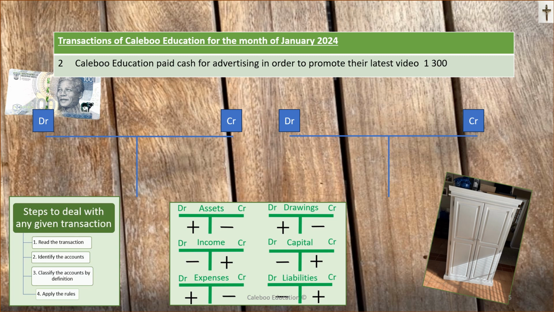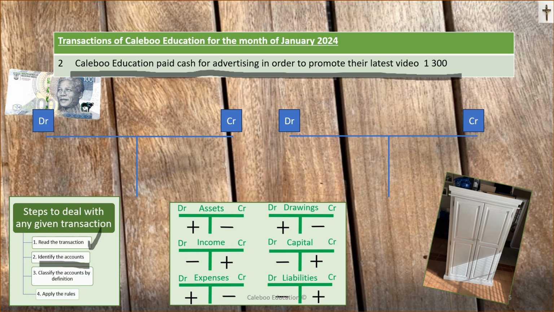But in the meantime, let's carry on with accounting. Transaction number 2. Calibu Education paid cash for advertising in order to promote their latest video, 1,300. So we've read the transaction. We need to identify the accounts involved. Whenever there is cash being paid, the one account will always be bank, and in this case here, we're paying for advertising.